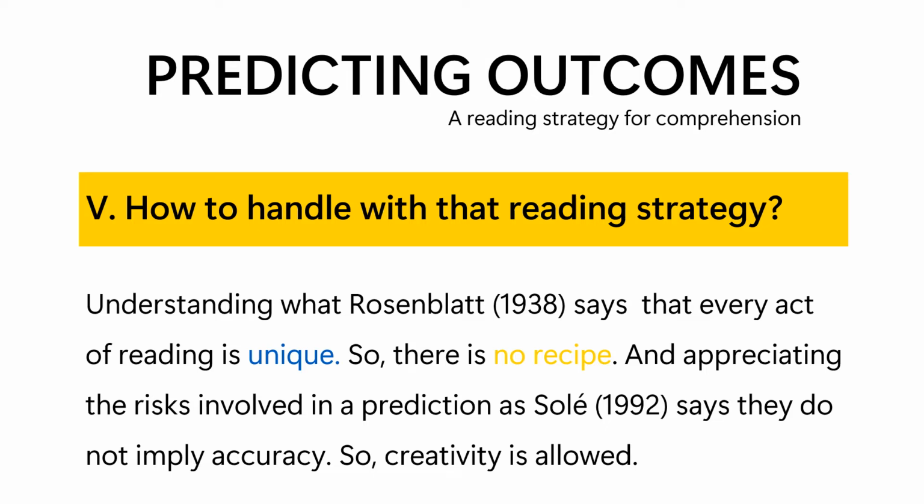According to Solé, making predictions requires taking risks because they do not imply accuracy of what is predicted or formulated. To take risks, it is necessary to be sure that they can be taken, that is, that one will not be sanctioned.